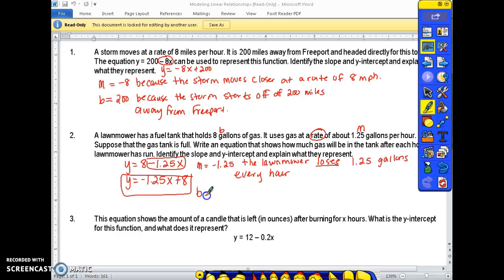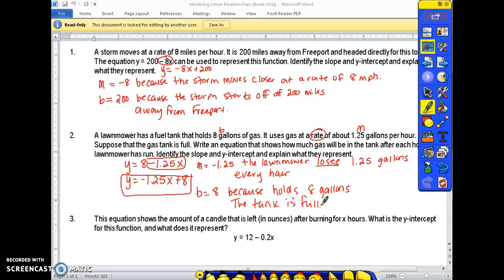The initial value, or the y-intercept, is 8 because it starts off with a full tank and it holds 8 gallons. It tells us that the tank is full. And that is number 2.